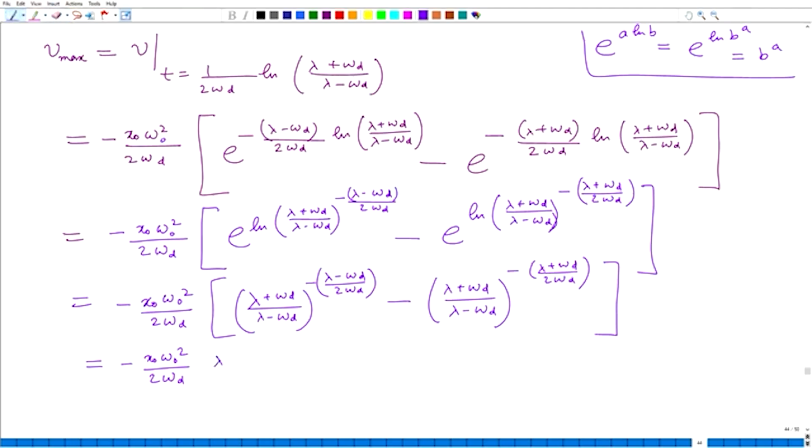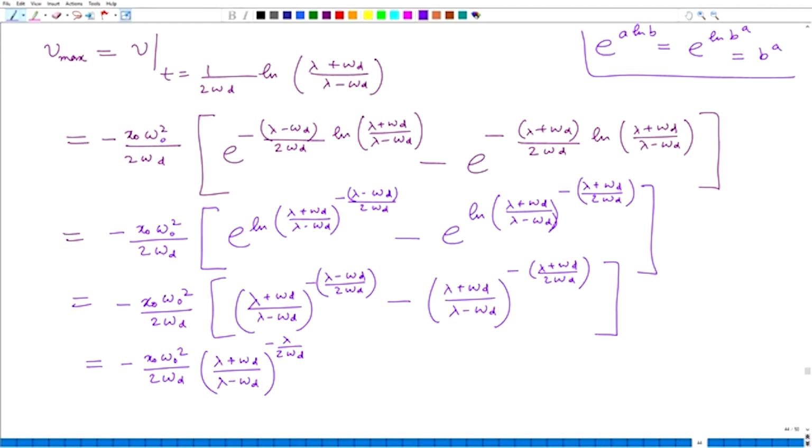So, that is (lambda plus omega d) by (lambda minus omega d), okay, minus lambda to the power 2 omega d.